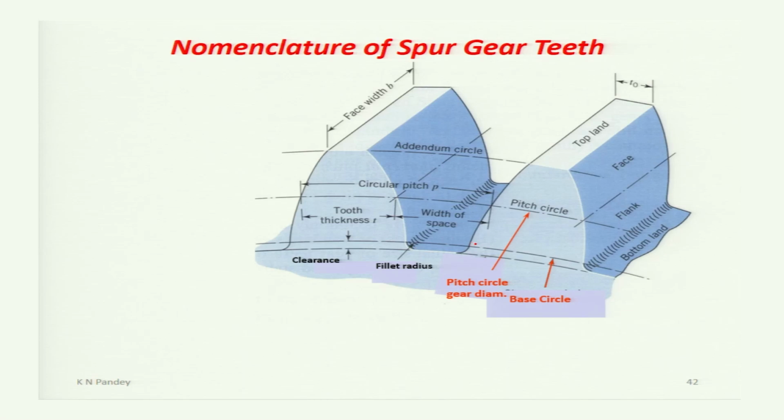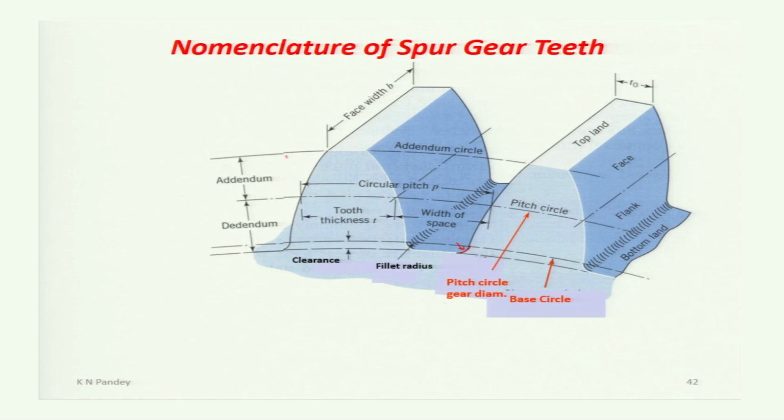Below the base circle, whatever profile is of the spur gear, it has a fillet, and this is representing the fillet, and it will have some radius which is called the fillet radius.